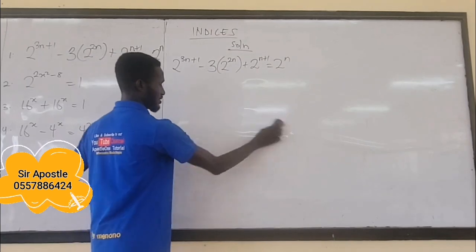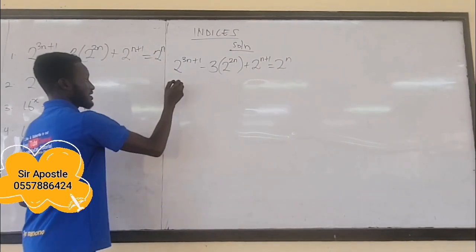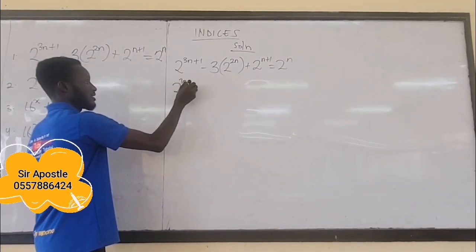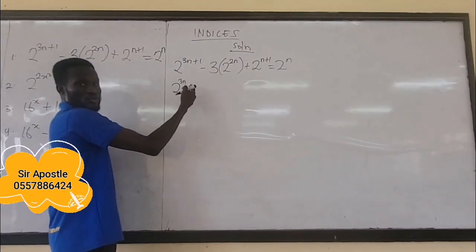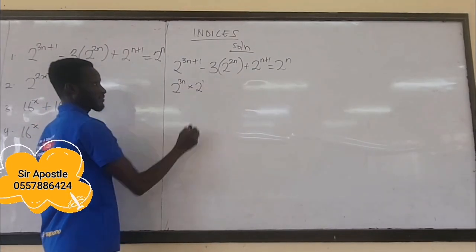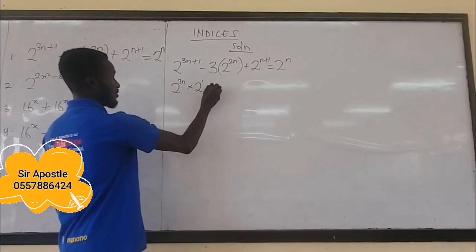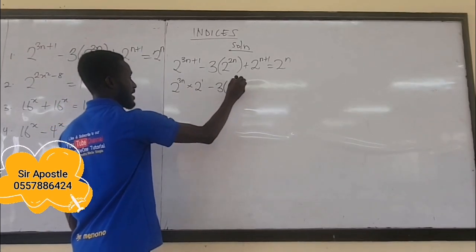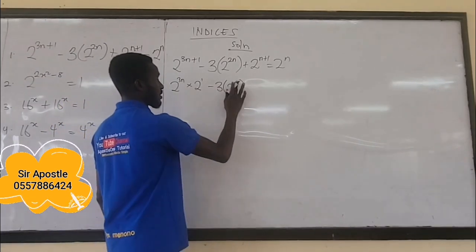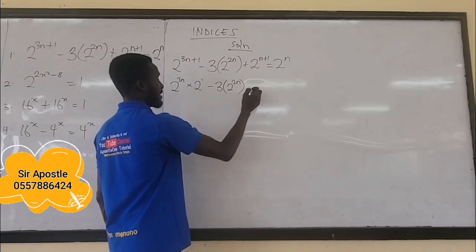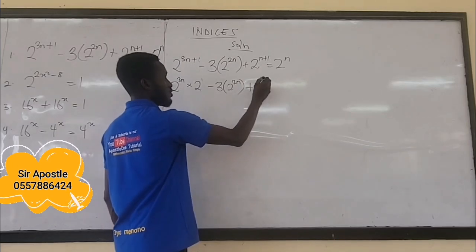So I need to break all of them down. Then we do substitution. This one is the same as 2 exponent 3n multiplying the base 2 having an exponent of 1. Now we have 2 exponent n, 2 exponent 2n plus 2n.